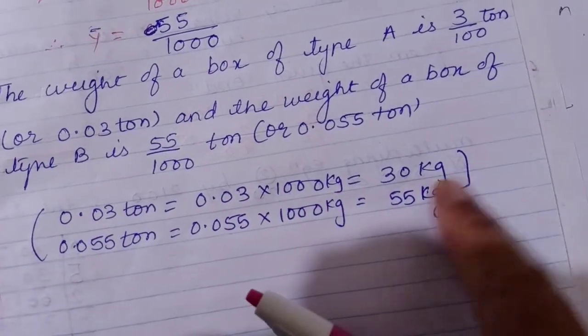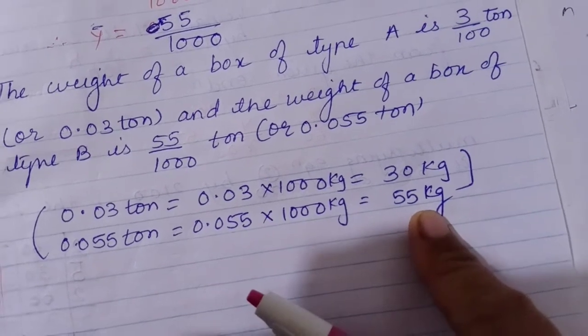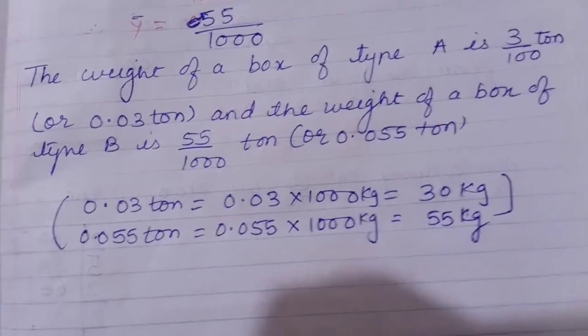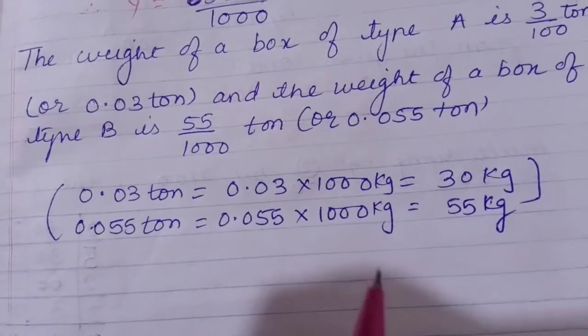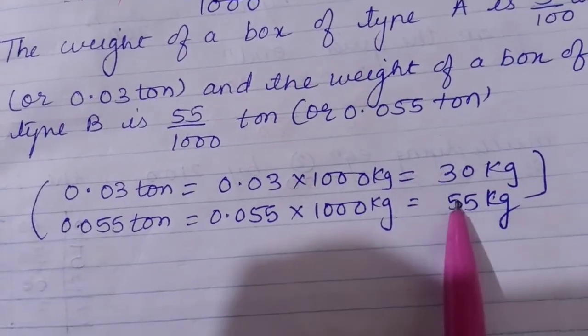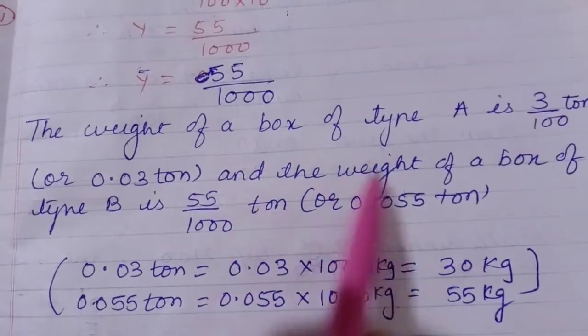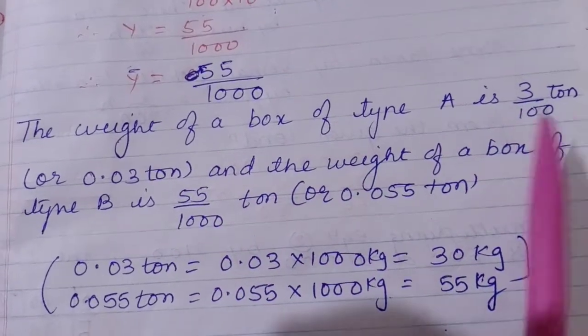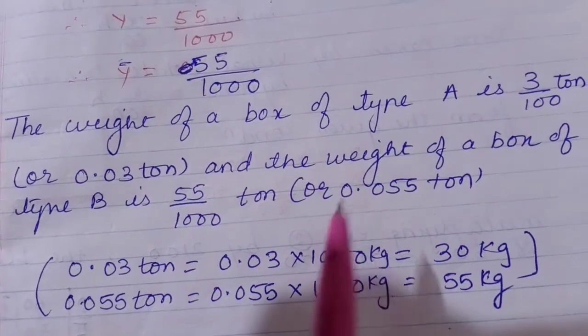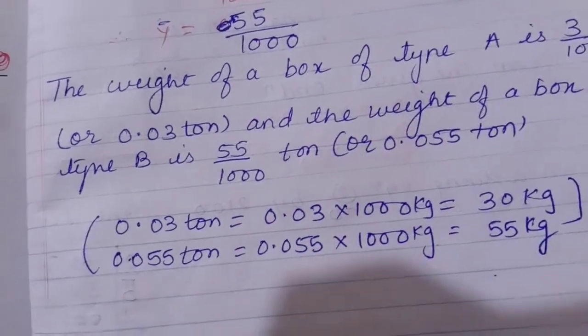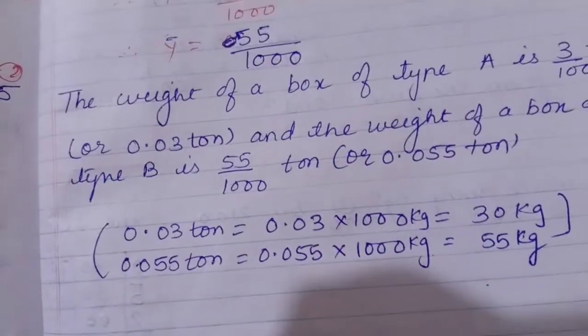We'll get it as 30 kg and 55 kg. So if the question asks you to write the answer in kilograms, you will write the answer as 30 and 55 kg. If it is not asked, then you can write it as 3 upon 100 ton and 55 upon 1000 ton as the answer for the given question.